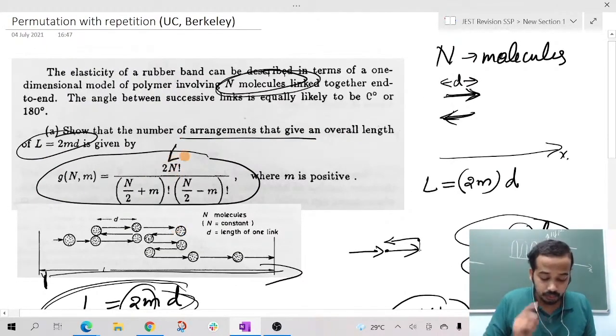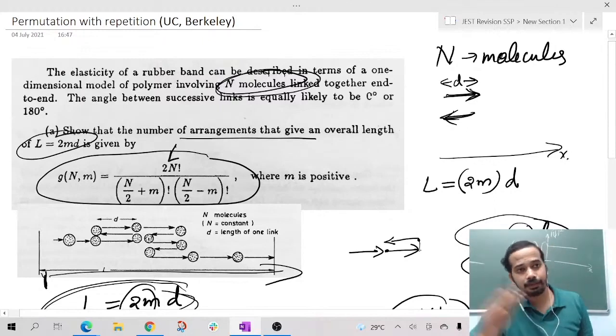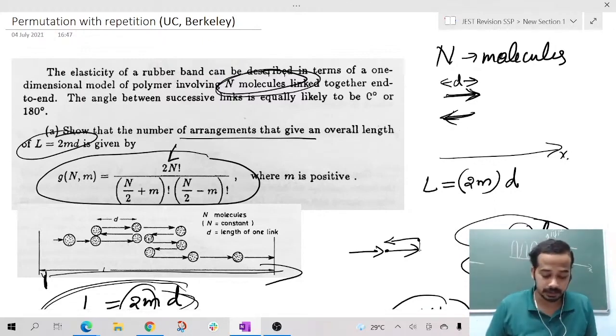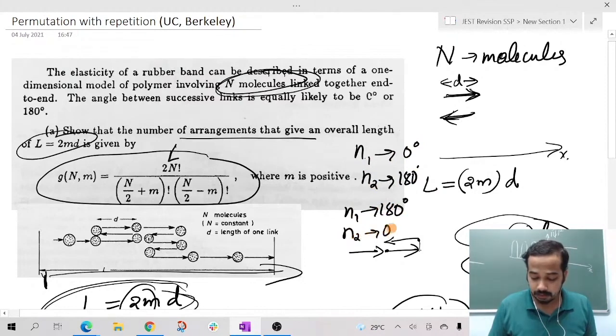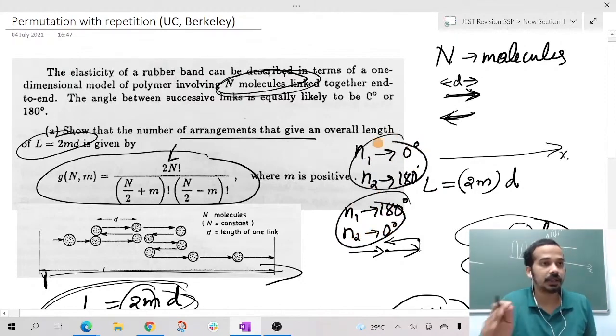This factor 2 is because we are talking about length, not about any exactly positive or exactly negative displacement. Since length is always taken to be positive, it doesn't matter whether n1 links are arranged at 0 degree and n2 links at 180 degree, or n1 links at 180 degree and n2 links at 0 degree. These two give the same length, because the difference between these two decides the net displacement.